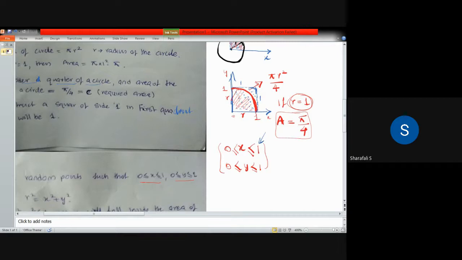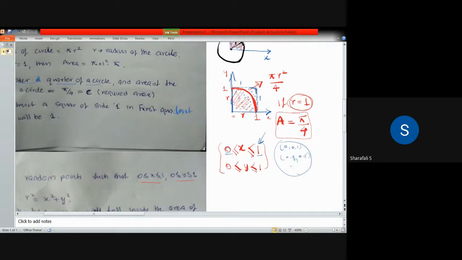If you consider x value within 0 to 1 and y value within 0 to 1, you have n number of points, a large number of points, like for example 0, comma, 0.1, or 0.1, comma, 0.5. Any number of points you can consider, in such a way that the value of x and y should be between 0 and 1.